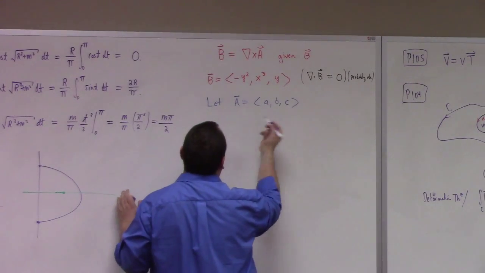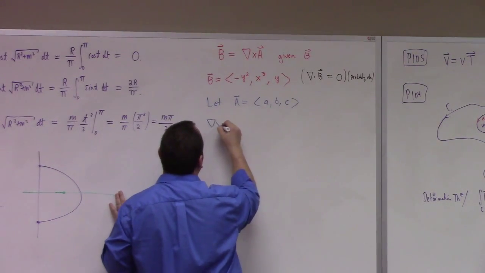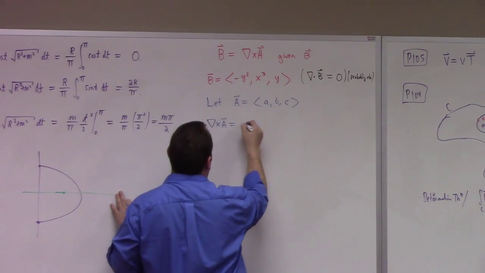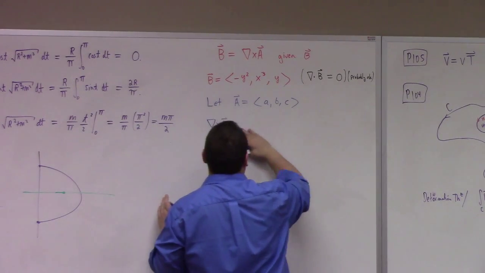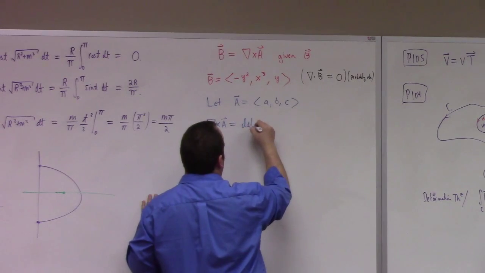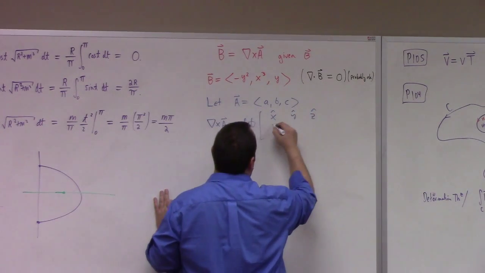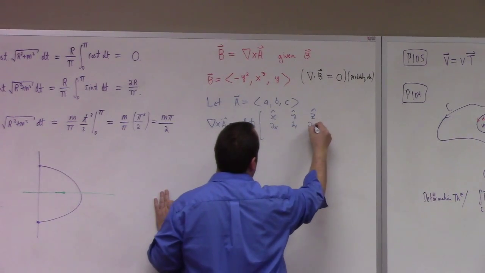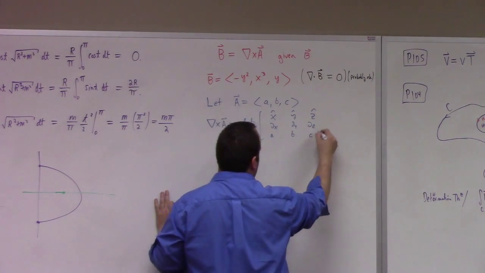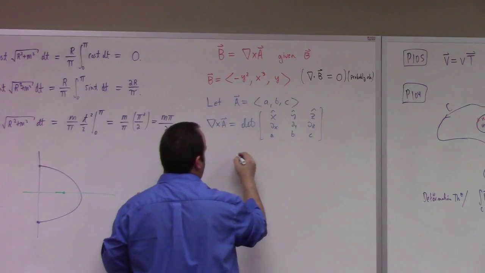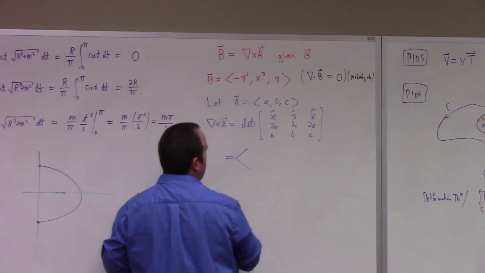So what's the curl of A equal to? Here I'll write it out with the mnemonic. It's the determinant of x hat, y hat, z hat, partial x, partial y, partial z, a, b, c. I'm just reminding us what the definition of curl is.